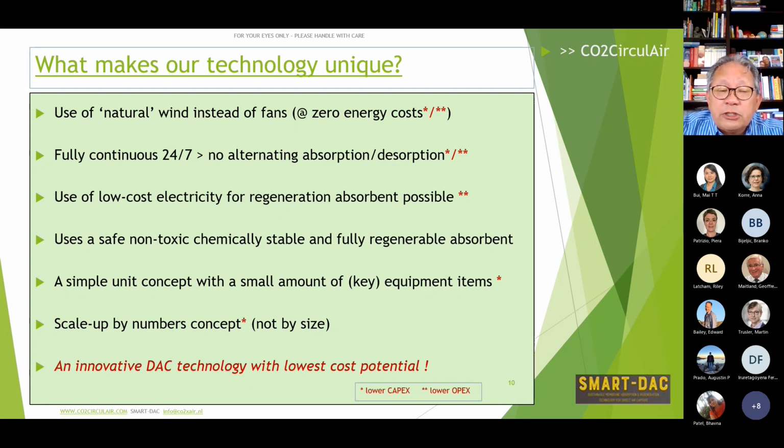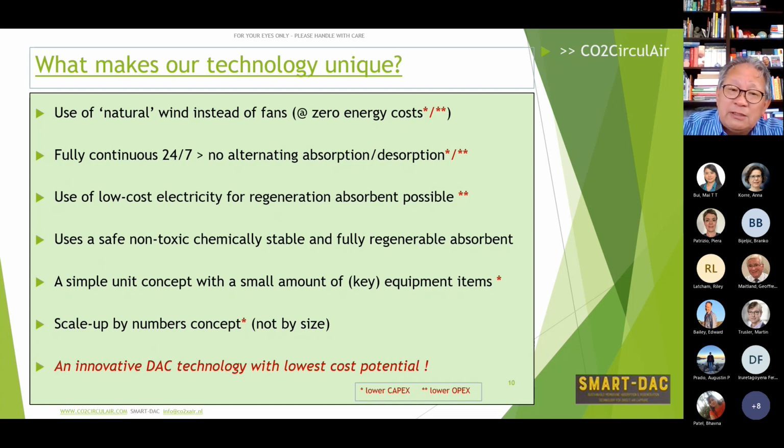Our technology absorbs 24/7. As I presented in the beginning, the absorption is a sort of batch process, because we go from a clean potassium hydroxide alkaline solution to a solution with carbonates and bicarbonates, and at a certain moment we stop and switch over.